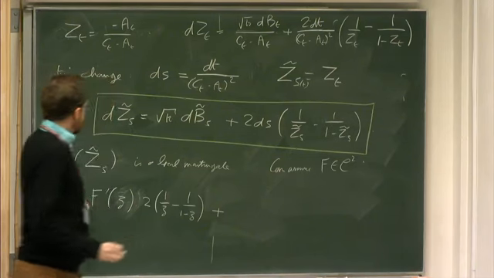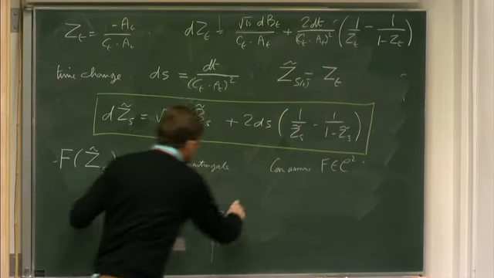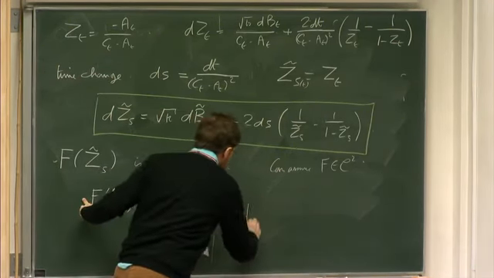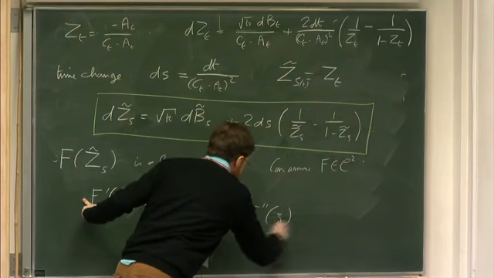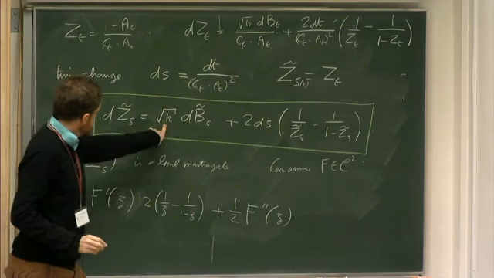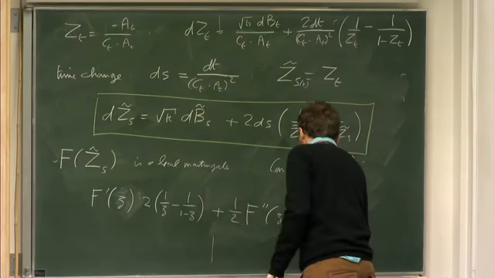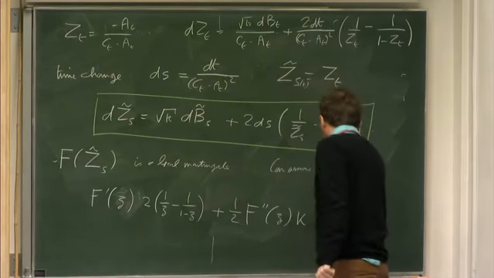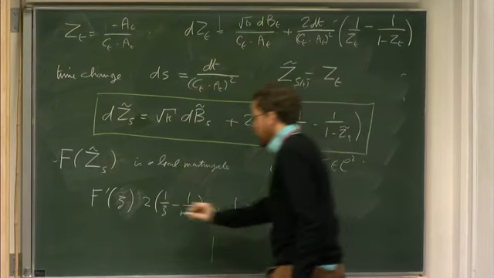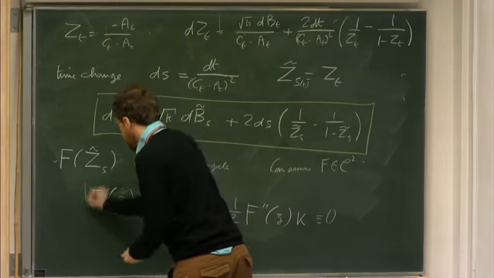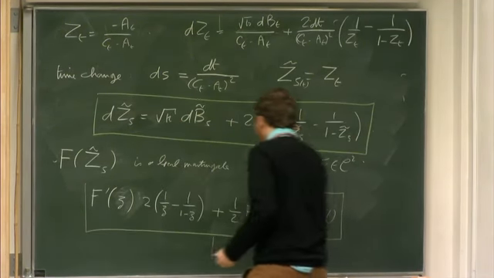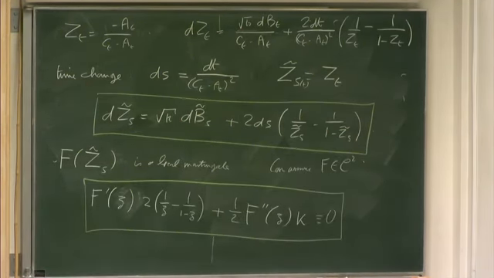And then what you get is the Ito term, so it's a 1/2 f double prime of z times the kappa here. And this should be identically equal to 0. Let me check I didn't miss a term somewhere here, but that's correct.